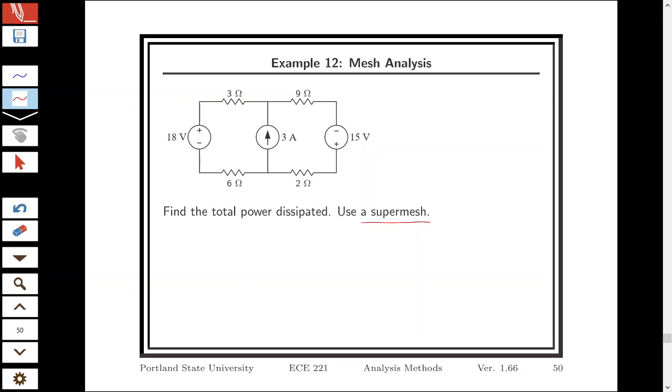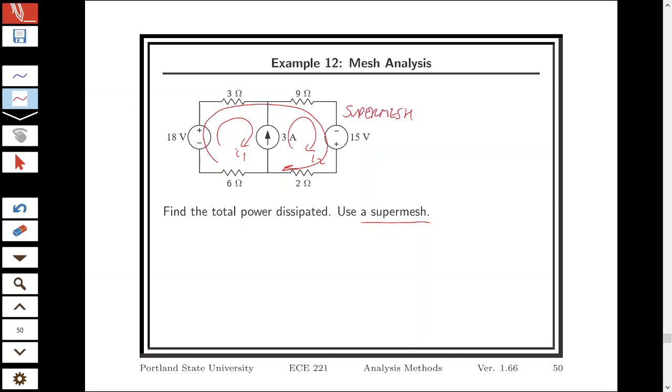So let's perform mesh analysis here in this circuit. Let's assign mesh currents and then check for supermesh conditions. So this is a current source. It's in common between the two meshes. So yes, there is a supermesh here.